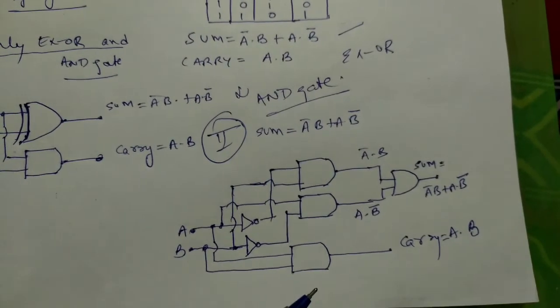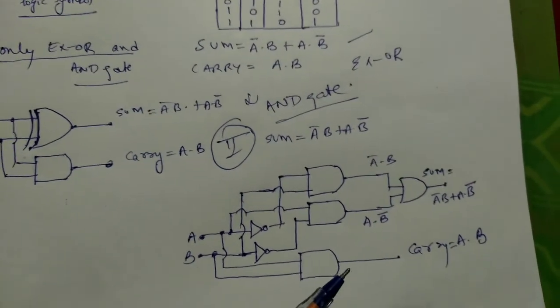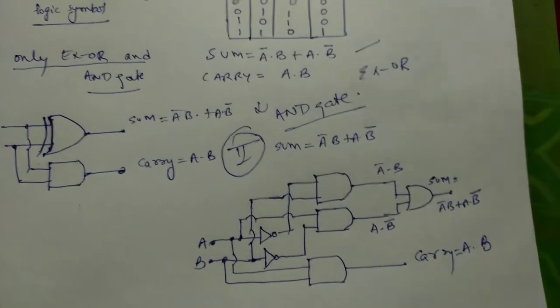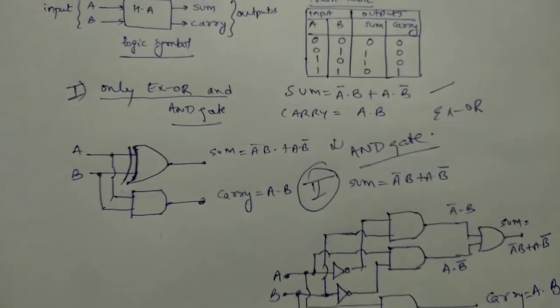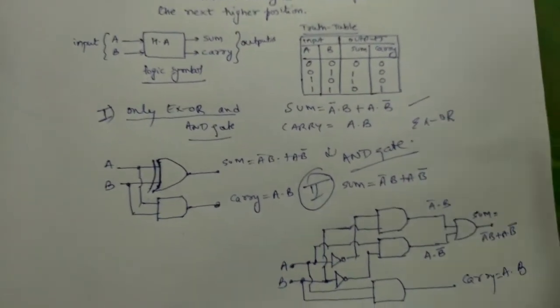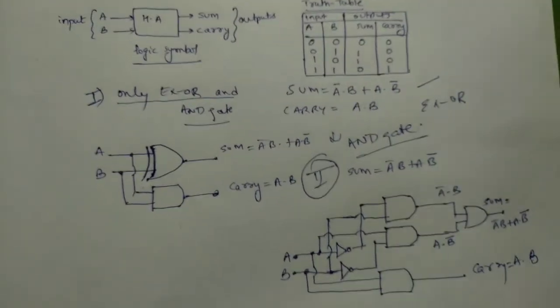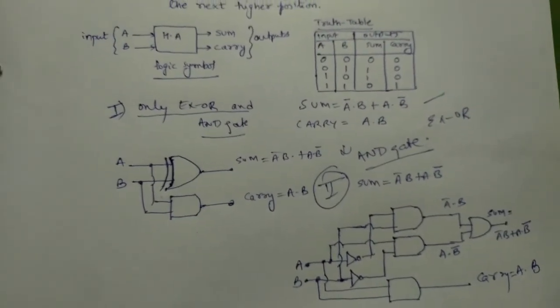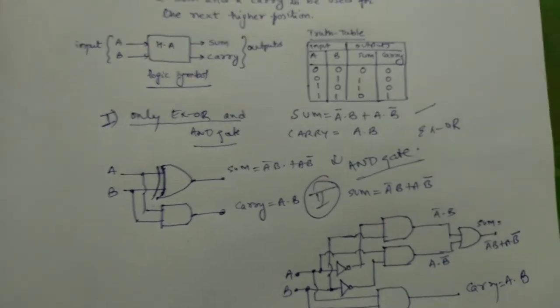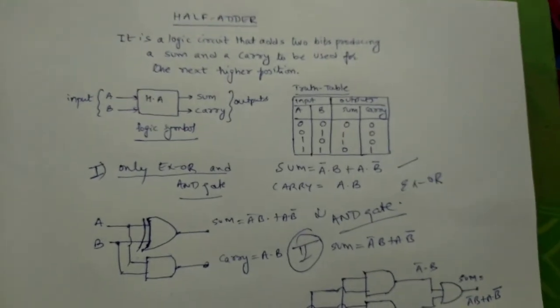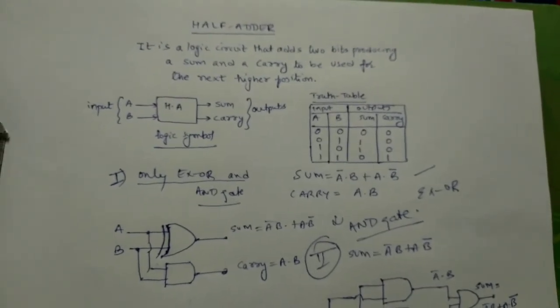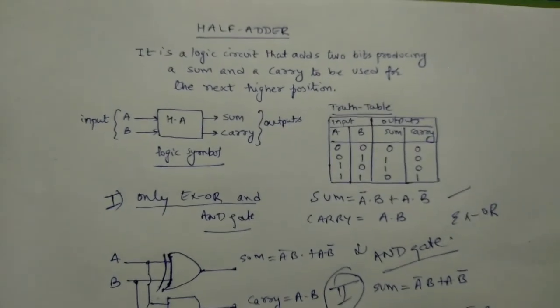We have drawn the same logic circuit diagram for the half adder. So this is all about the half adder, in which we have the logic symbol, the truth table, and the circuit diagrams. Next we will discuss the full adder and its logic circuit diagram in detail. Thank you.